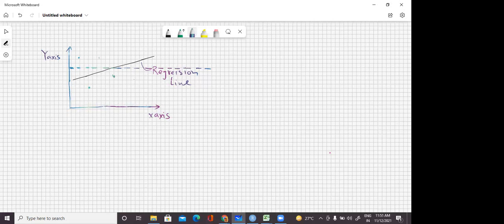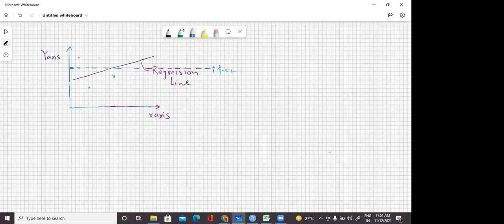So one option is we can say everything will be the mean of this variable. Everything will be 1800. But by calculating the regression line, we are improving upon that prediction. Rather than saying that everything will be the mean, which is 1800, we are improving upon our prediction.